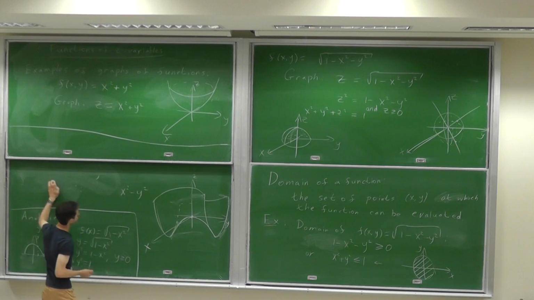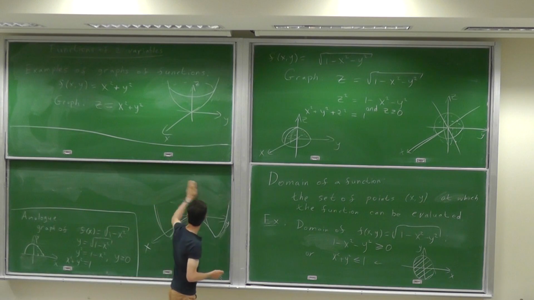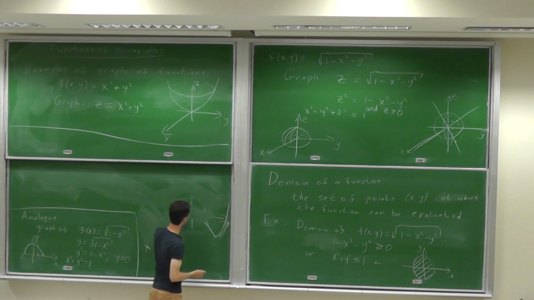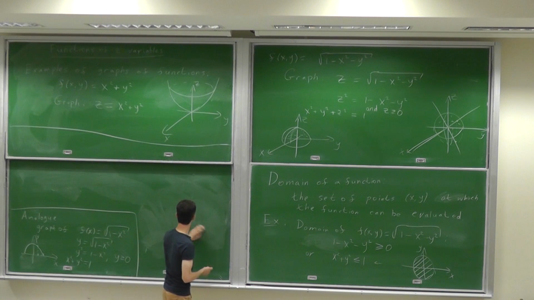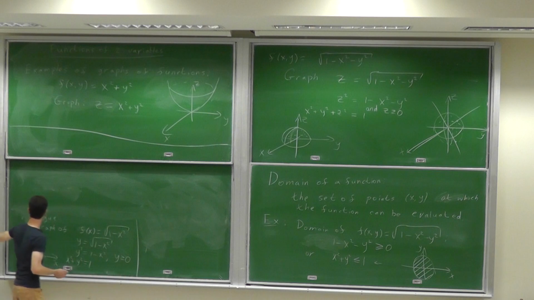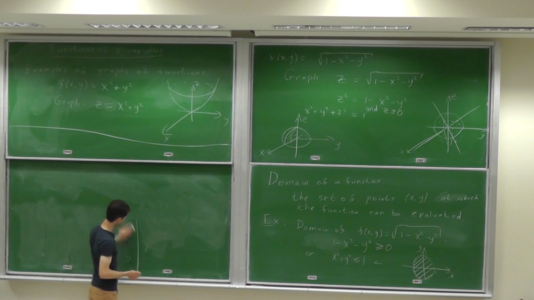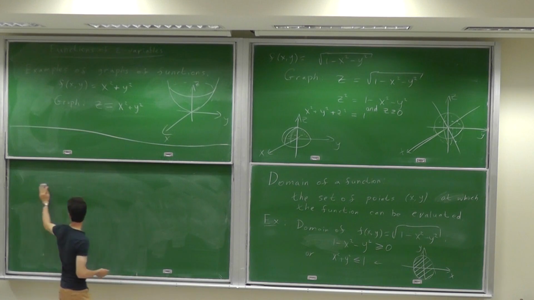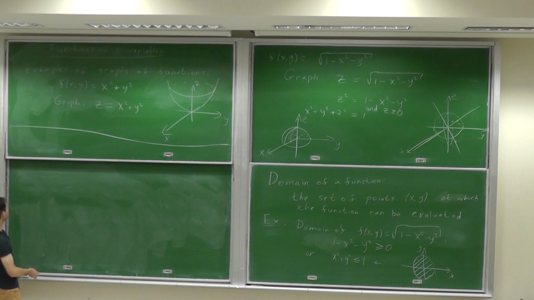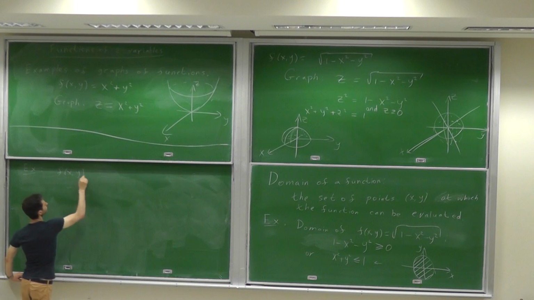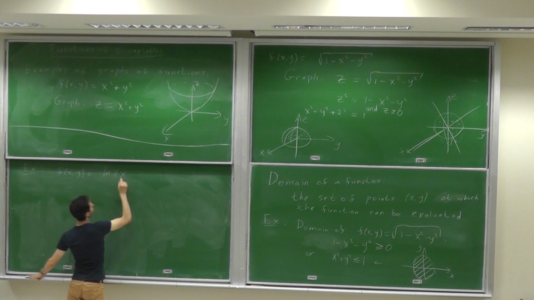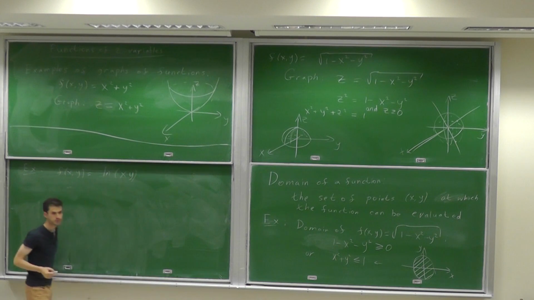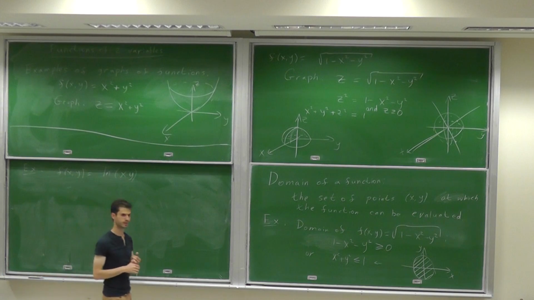Of course, the function can be more complicated than that. Let's say something like this. Another example. F of xy is logarithm of xy. What can I say about the domain of this function?